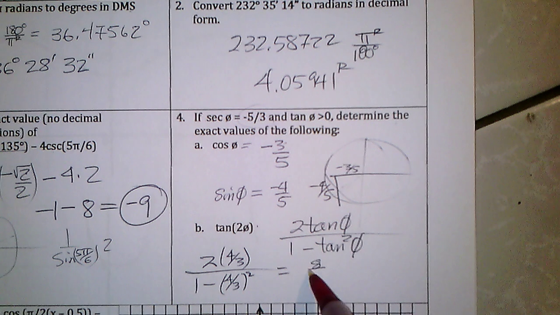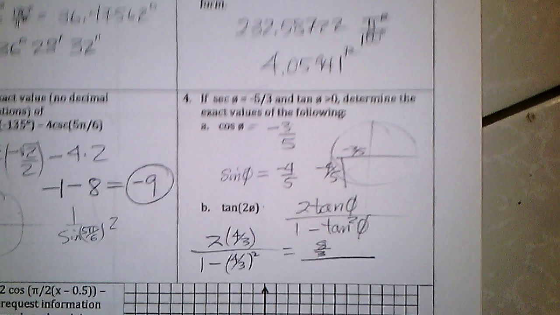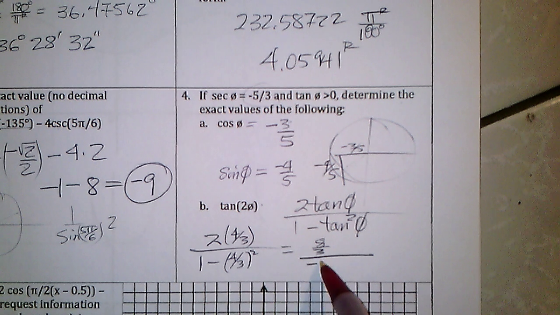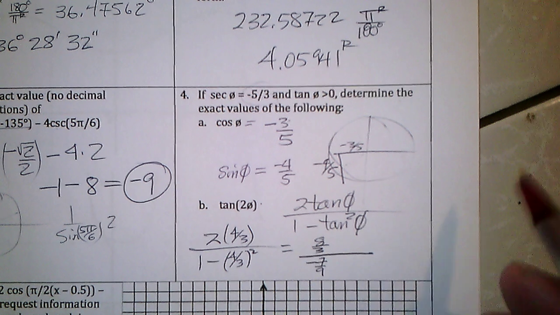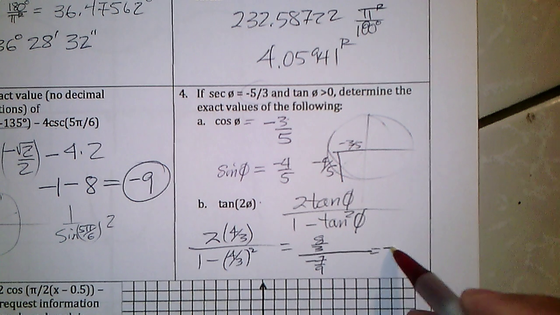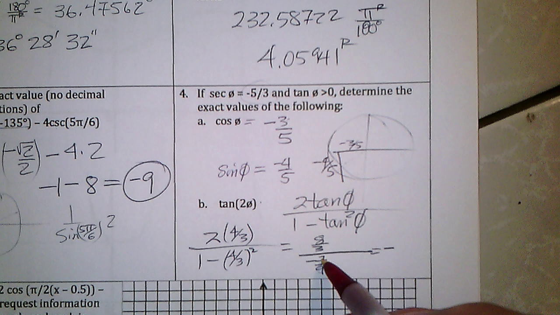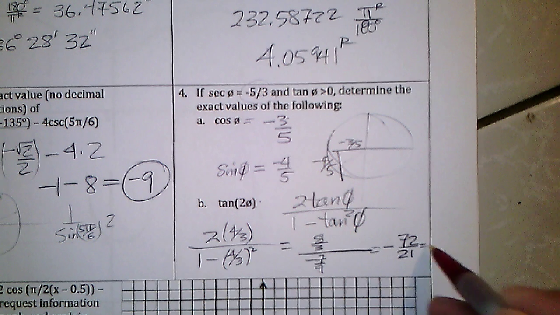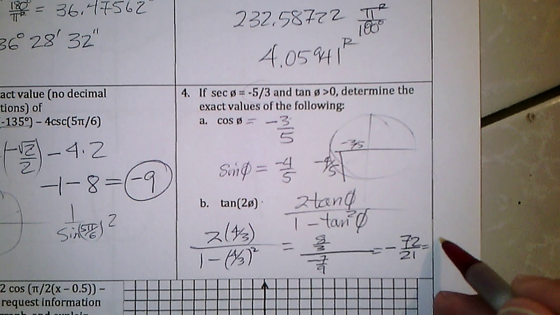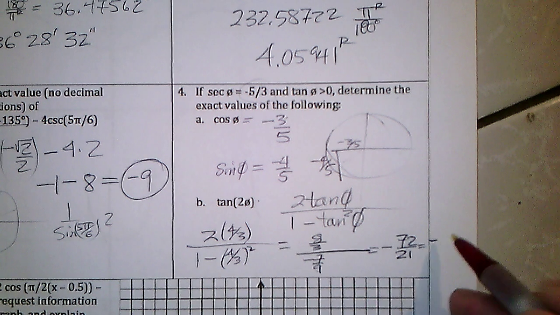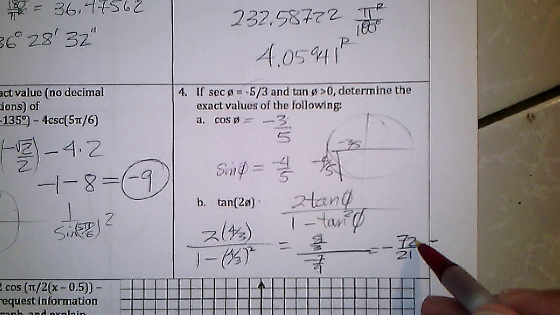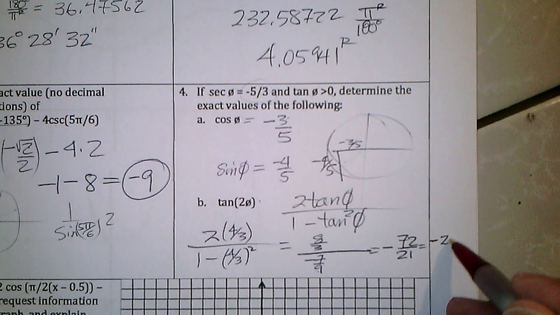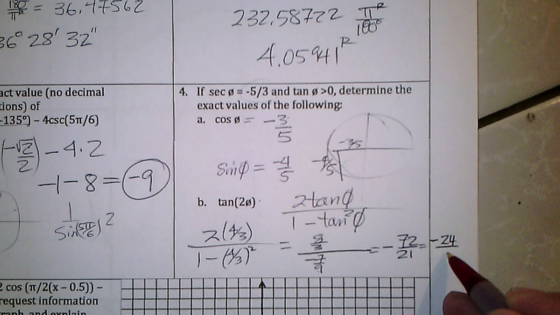So that's 8/3 divided by 16/9 from 1, which is negative 7/9. So that turns out to be negative 72 over 21. Which reduces, I believe 3 goes into both of those. That would be negative 24 over 7.